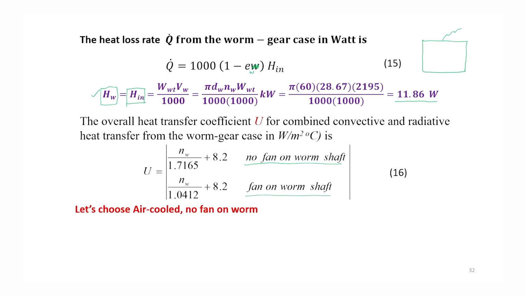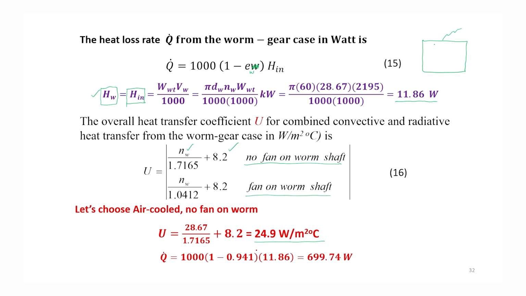Now let's choose air cooled, no fan on the worm, then we will use this formula to get the value of capital U. So overall heat transfer coefficient is given by n_W, where n_W is the revolution of the worm, which we had obtained as 28.67, divided by 1.7165, plus 8.2, is equal to this one. This is the overall heat transfer coefficient for this casing.